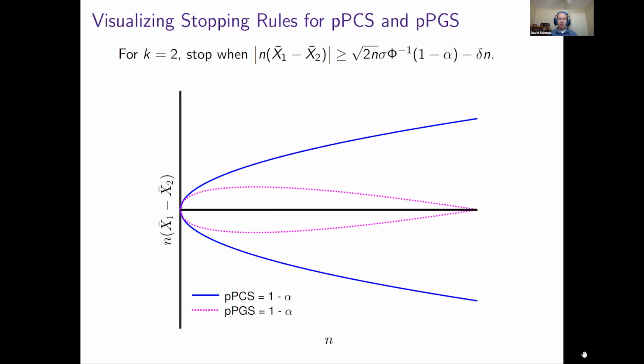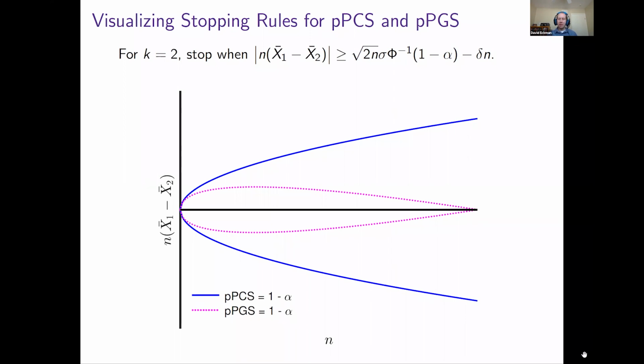The posterior PGS one defines a closed procedure here, because if you're only looking to detect a difference of size delta, eventually you'll have enough precision on the means of the two alternatives to know whether a given alternative is good or not.